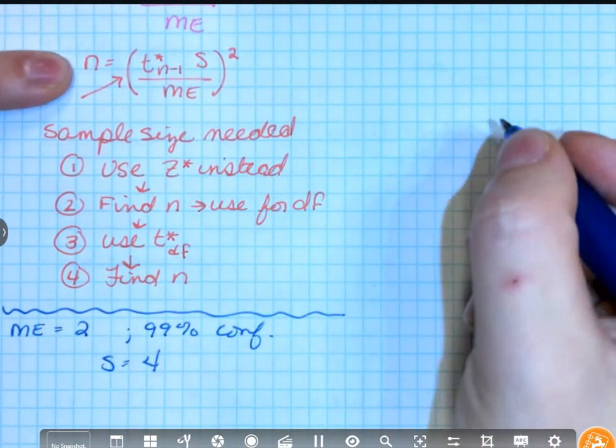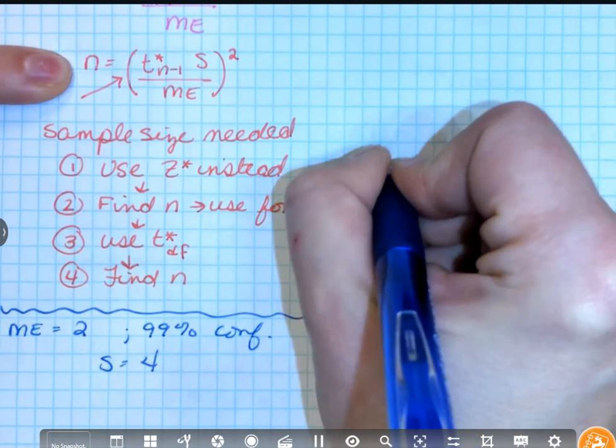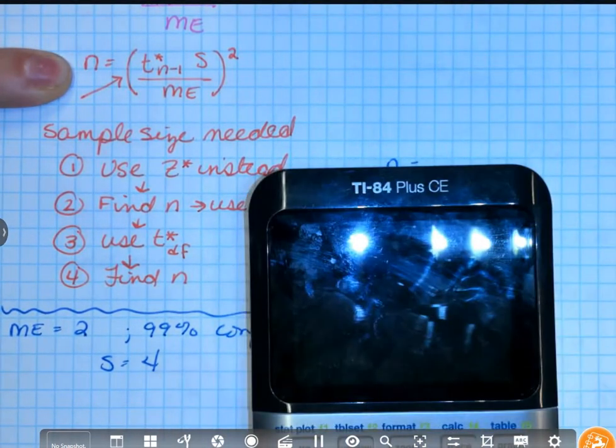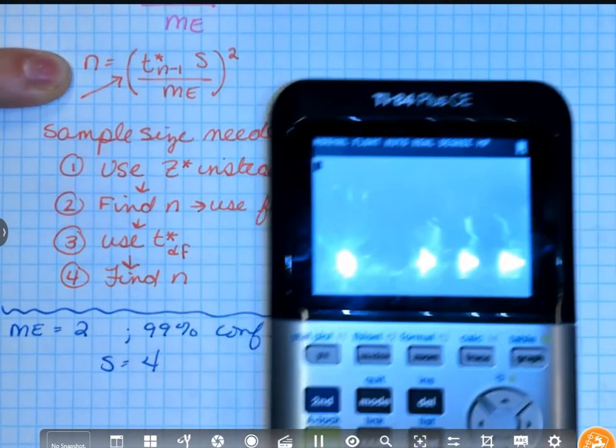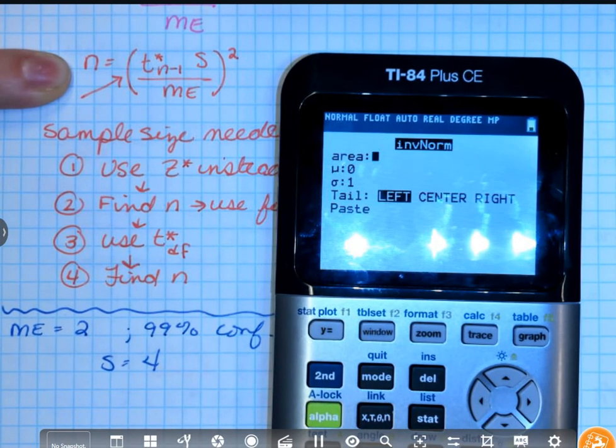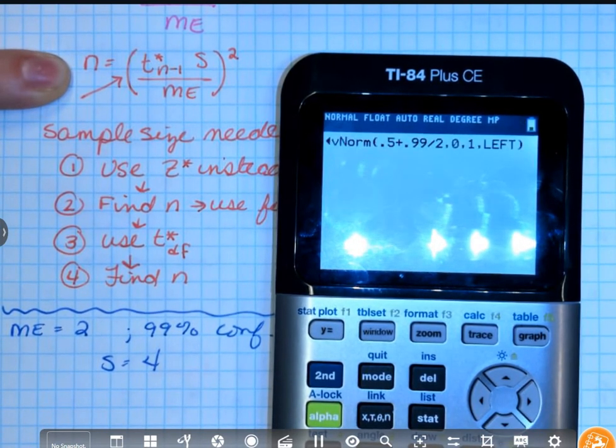So I'm going to set up that my n is equal to Z star. How do I find Z star? I'm going to use inverse norm. And I'm going to do 0.5 plus 0.99 over 2. Find that.